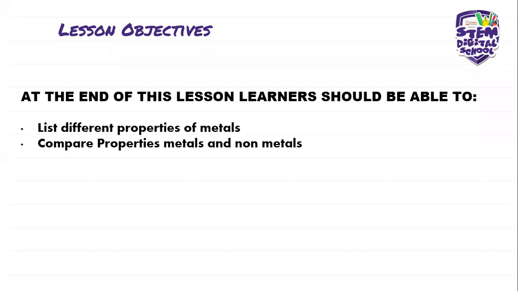So we're going to be talking about different metals, and also a few non-metals. At the end of this lesson, you should be able to list different metals and their properties. You should also be able to compare the properties of non-metals and metals, okay?